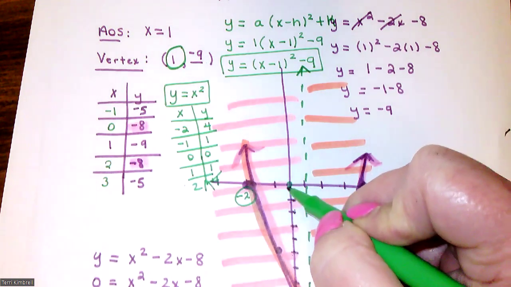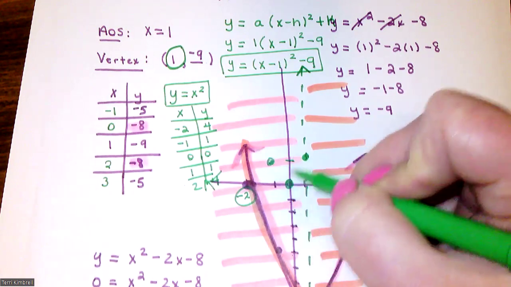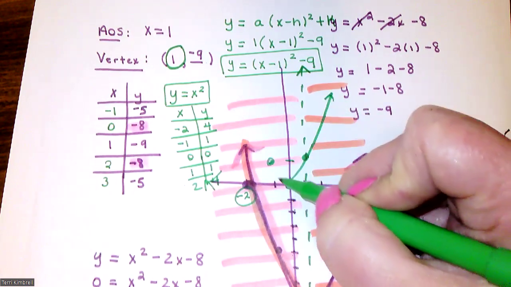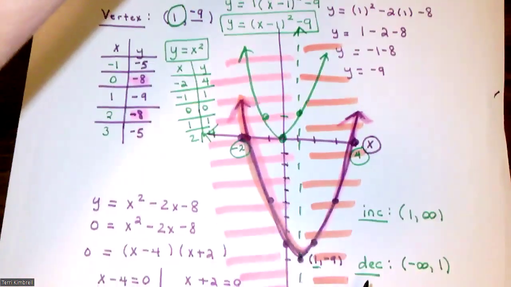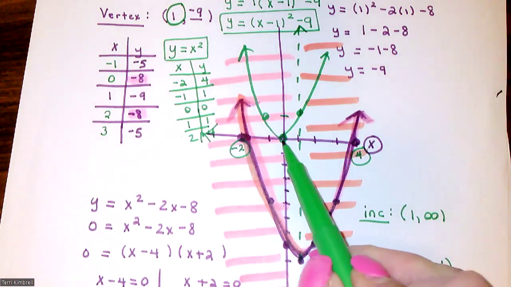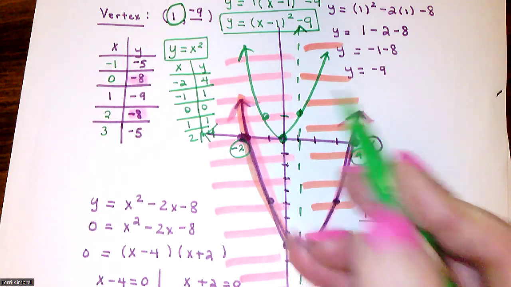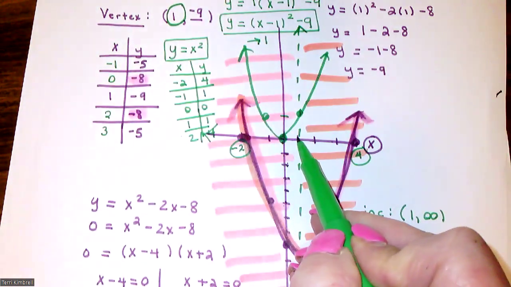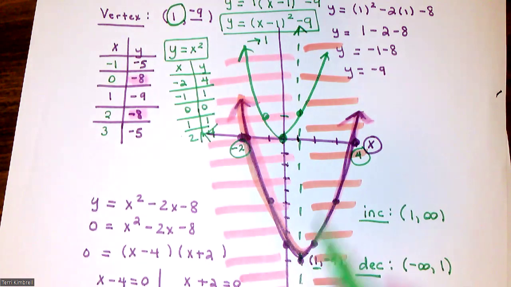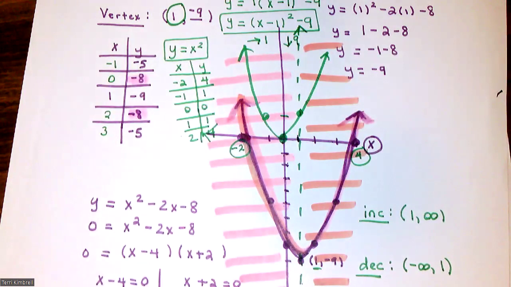So if we had our parent right here, you're able to see that what happened was this parabola went to the right 1 unit. So it went to the right 1, okay? And then it went down 9. So it went to the right 1 and down 9. That would be your changes.